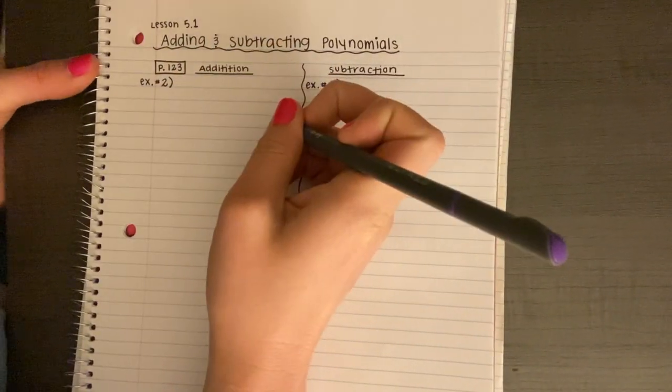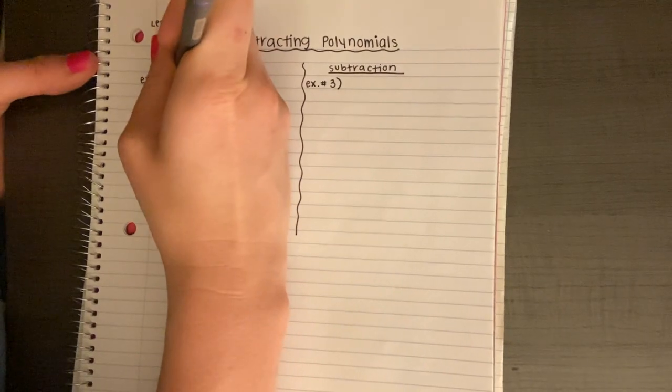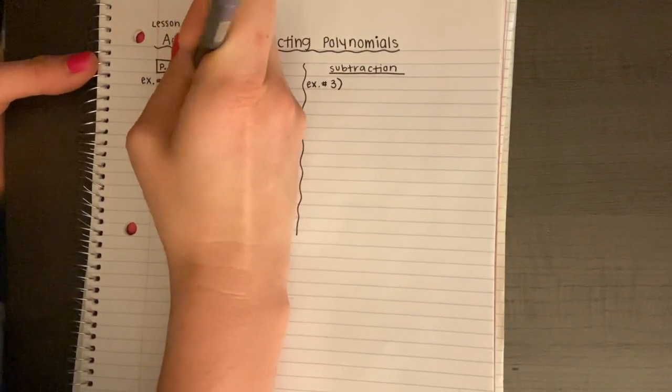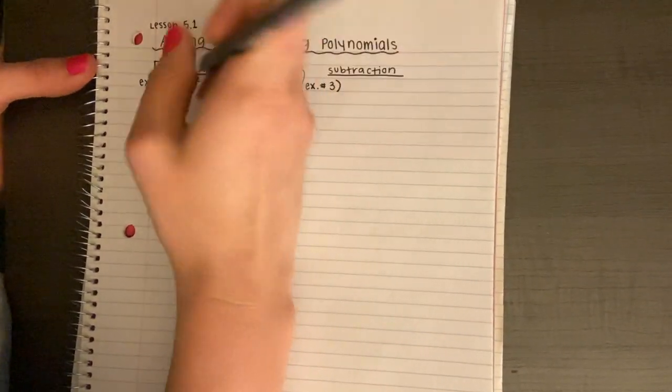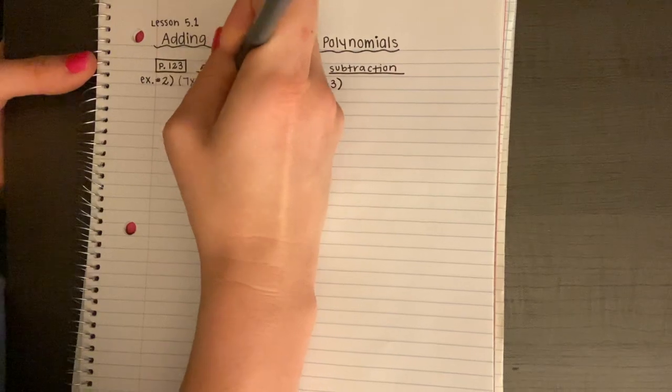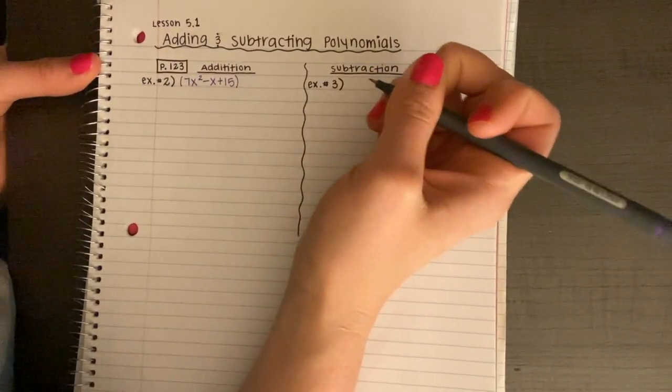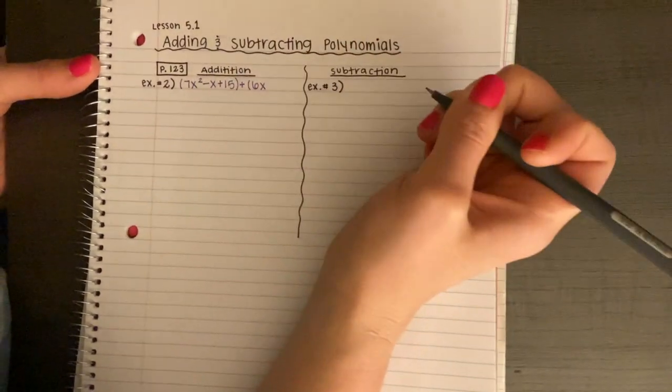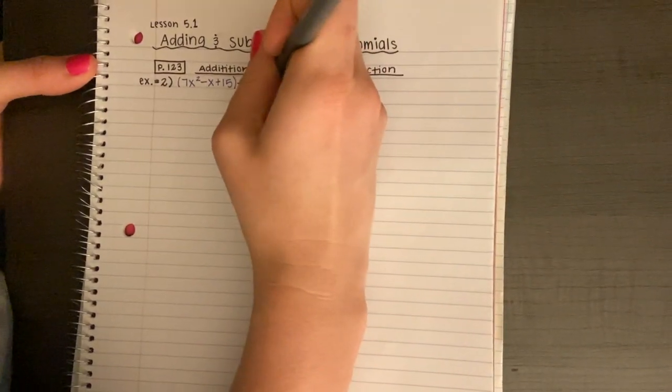So the addition problem is 7x squared minus x plus 15, plus 6x plus 12.